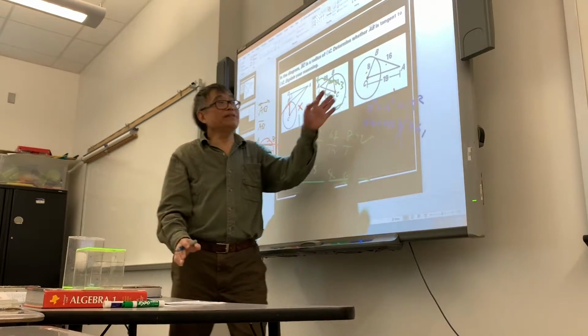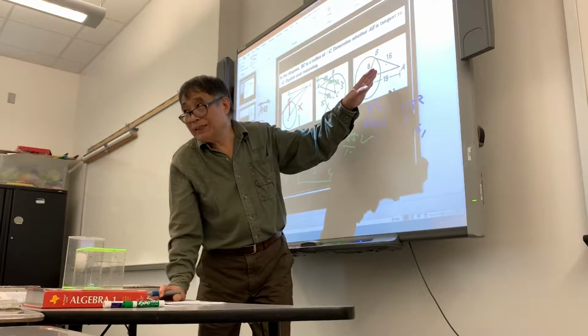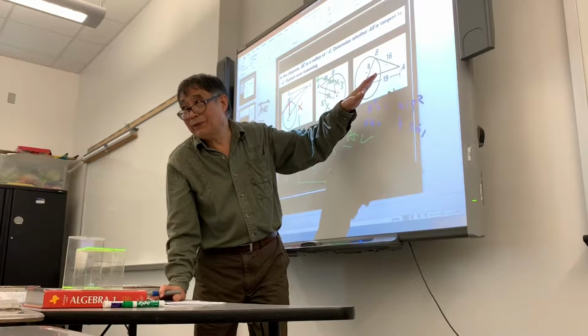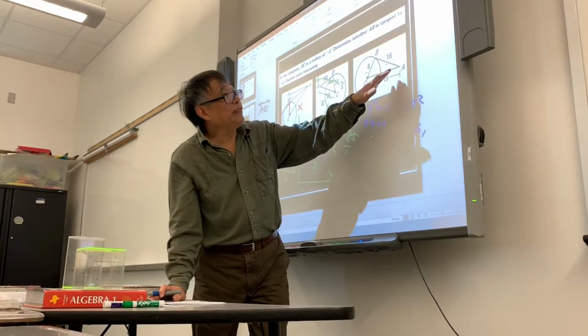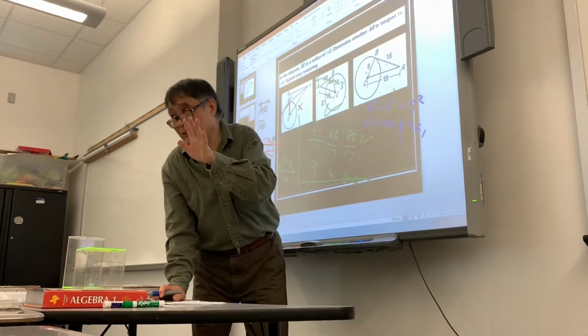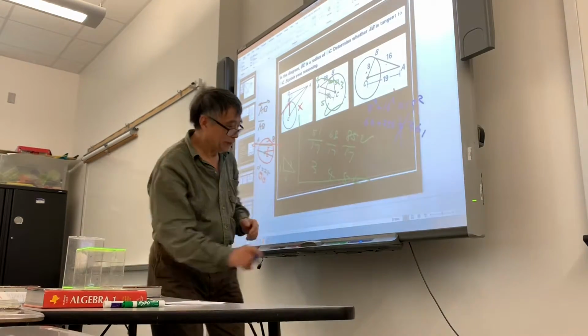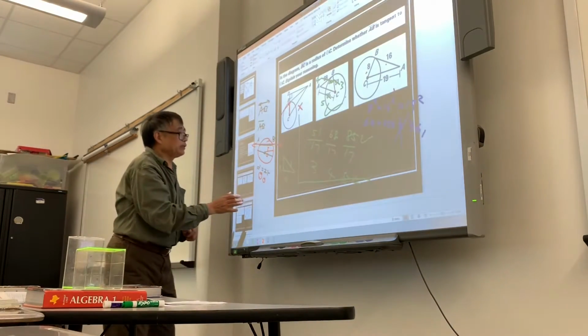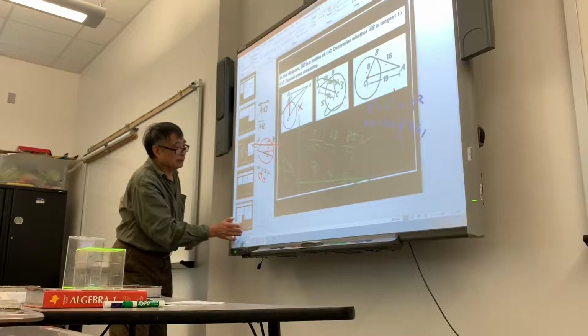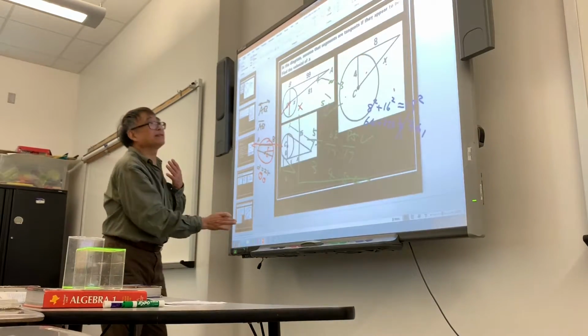They are not equal. Because they are not equal, this angle is not 90 degrees. So AB is not tangent. Is that clear? Good. This kind of question must be on your quiz, for instance.